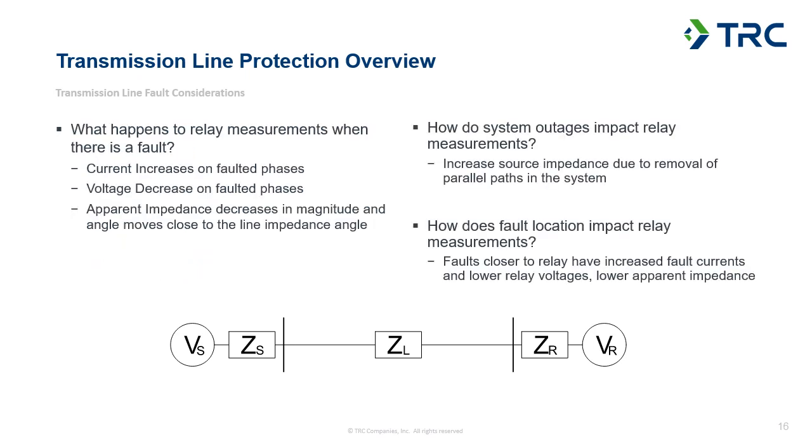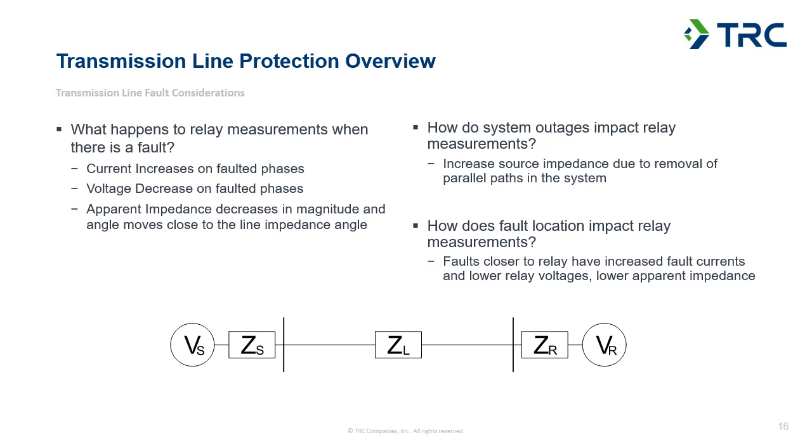So from there we can start to step back and ask some questions about what we expect to see for relay measurements when there's a fault. For the simplified system here, we'd have a transmission line relay at each end of the line, monitoring three-phase voltage and three-phase currents typically.